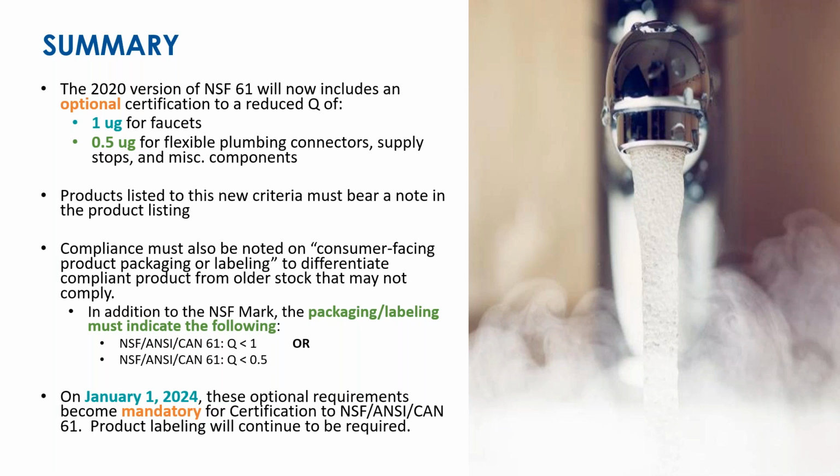Products that are listed to this new criteria must bear a note both in NSF's product listing, and also the compliance with the new criteria must be noted on consumer-facing product packaging or labeling. So this might be the box that the faucet comes in or a product insert that comes with the faucet. But there must be some way for consumers to differentiate compliant product from older stock that may not comply.